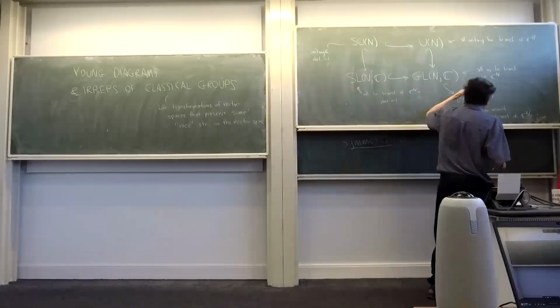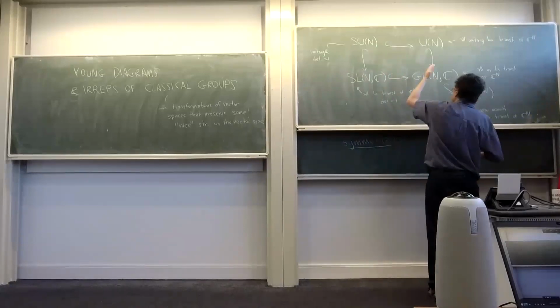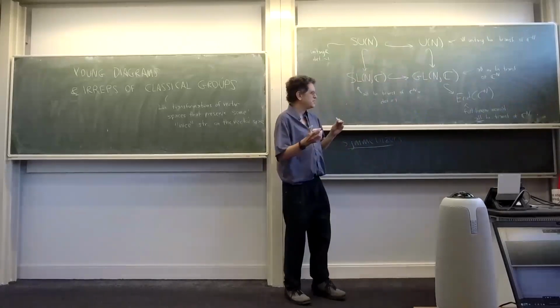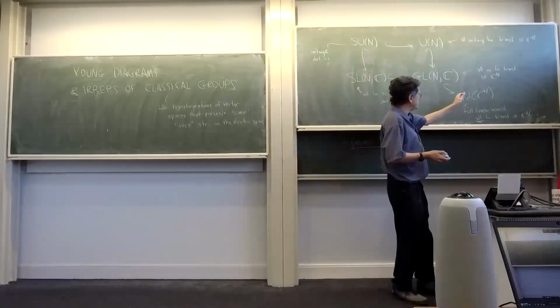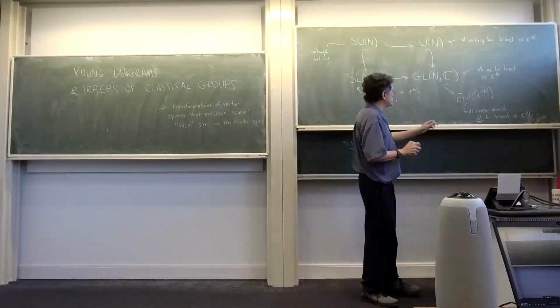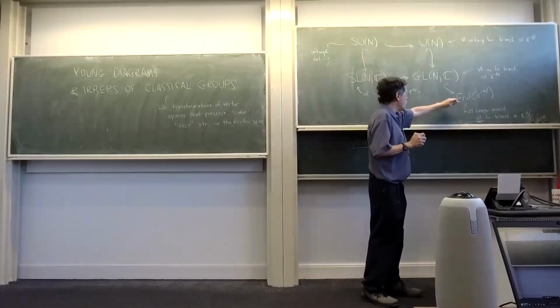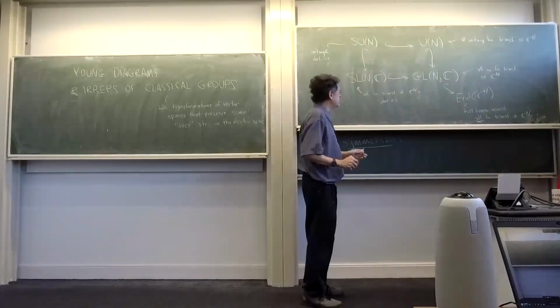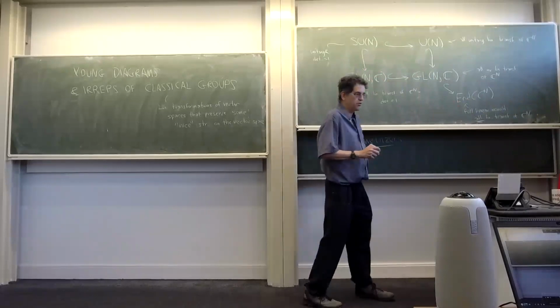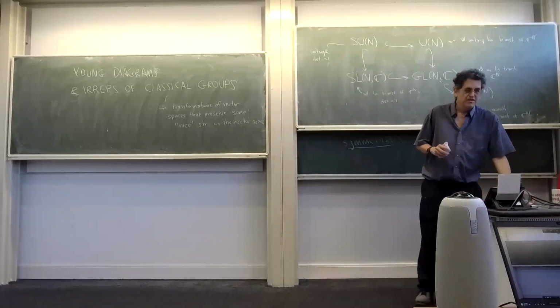So if I have a representation of this thing, I can just compose with some of these arrows and get a representation of any one of these. So the fact that this guy has representations classified by, turns out, Young diagrams with at most n rows, that's the theorem, sheds tons of light on how you classify all those others using Young diagrams.